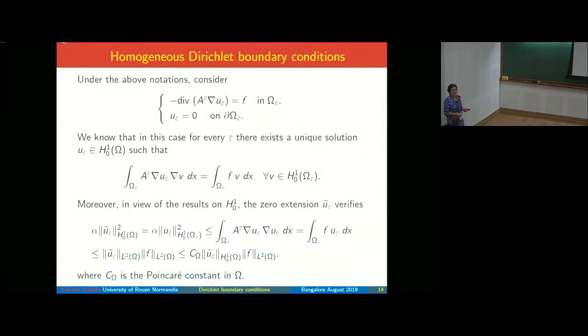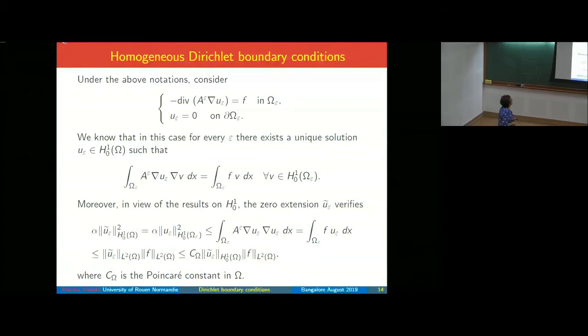Then let us start with the homogeneous Dirichlet boundary condition, which is not so often discussed because it is not considered so interesting, but in some sense it is important to show this case here, because it is the natural idea. We have done Dirichlet in the previous case, we put it, we study Dirichlet, we see what happens.